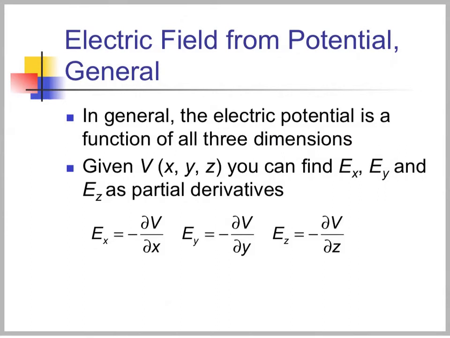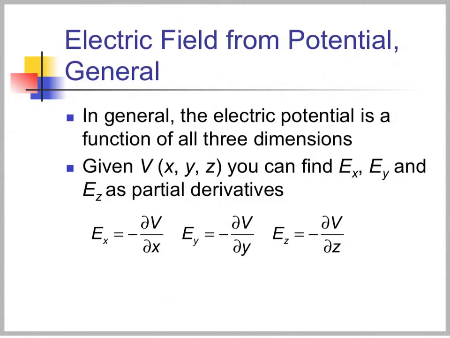Now, in general, the electric potential is a function of all three dimensions. So if I have a potential that's a function of x, y, and z, you can find all the components as partial derivatives. So E sub x is minus the partial of V with respect to x, and E sub y is minus the partial of V with respect to y.